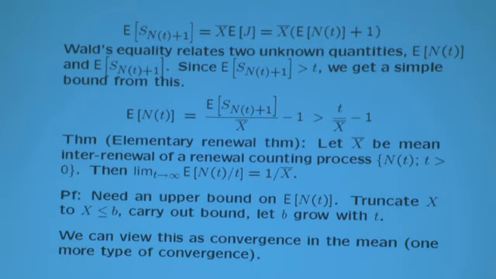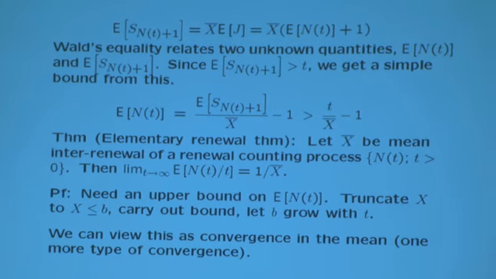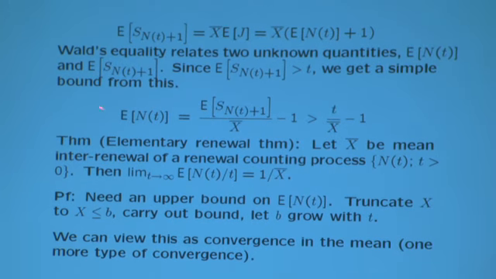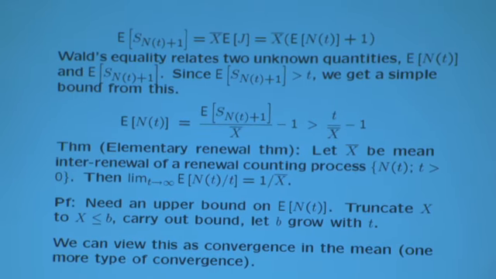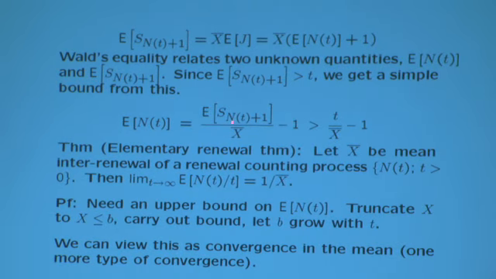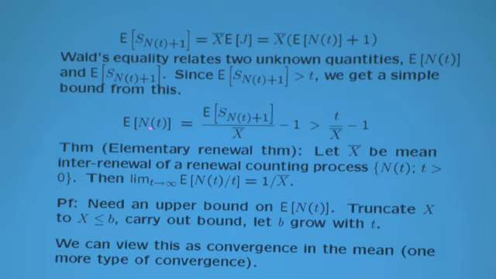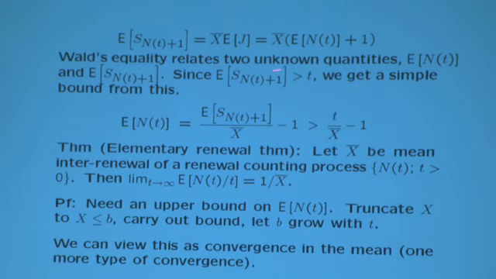Well, this seems to be kind of useful, because what you're interested in is the expected value of N(t) over t, and that's what we're interested in for the elementary renewal theorem. You're saying that that's greater than 1 over X bar minus 1 over t. And when t gets large, that 1 over t term gets very small.